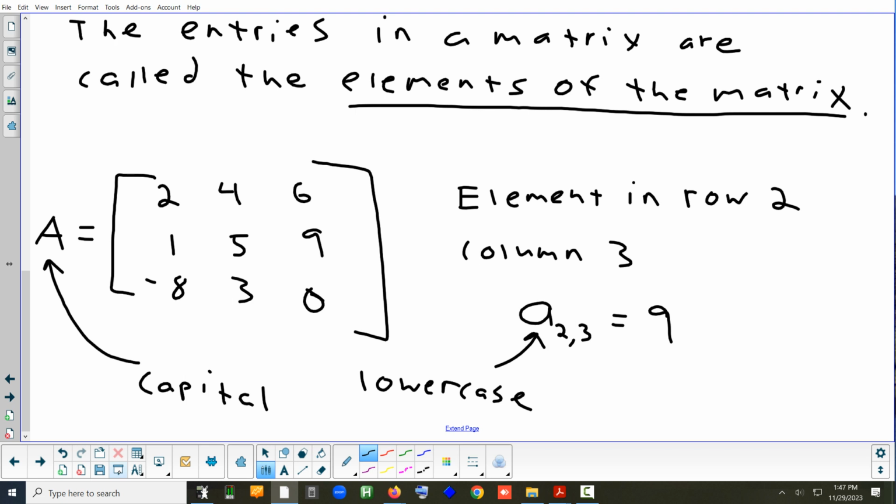Now, when I asked what was in row 2, column 3, we got the correct answer. We got 9. And the way that we count rows and columns is we start with 1. Most of the time, when you do any kind of programming, you don't start with 1. Anyone have a guess what we start with? 0. We start with 0.